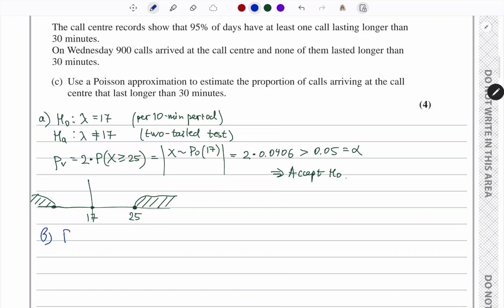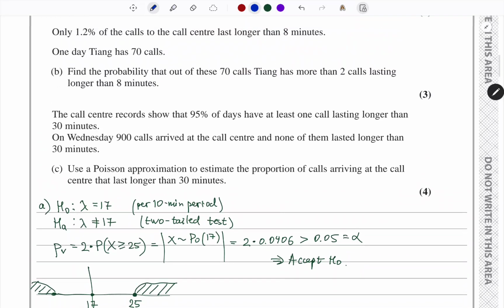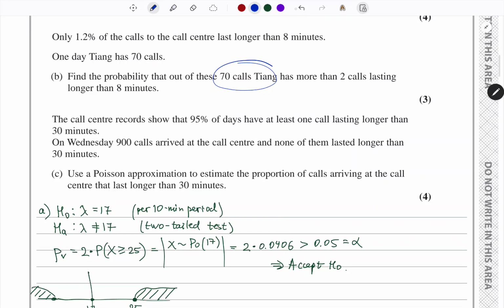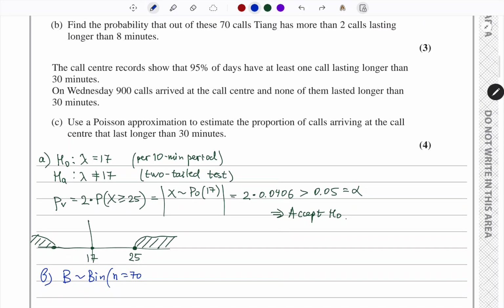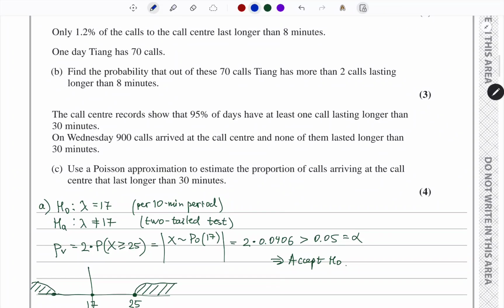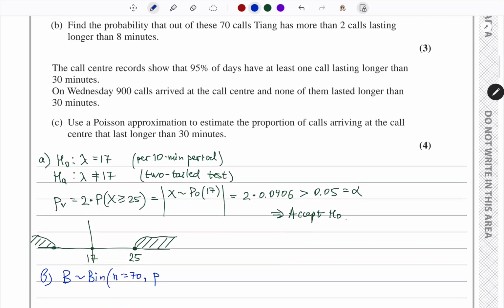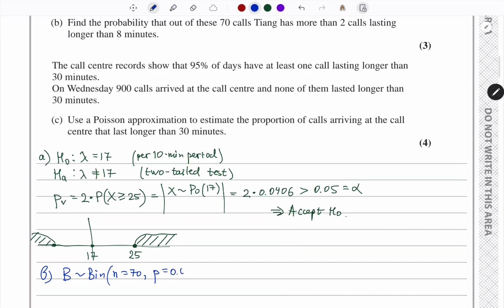Let's say B follows a binomial distribution with n equals 70, and the probability that each call lasts more than 8 minutes is 0.012, 1.2%.